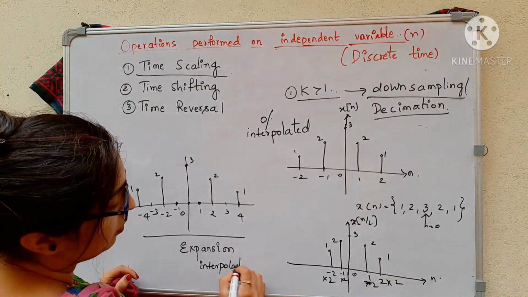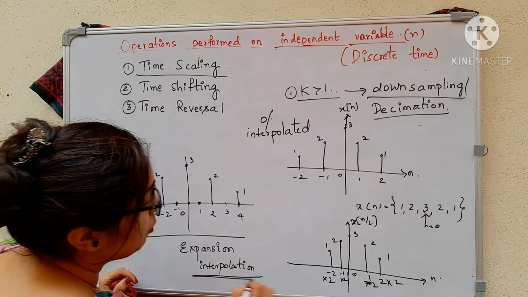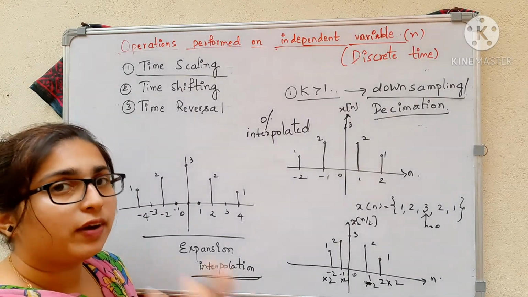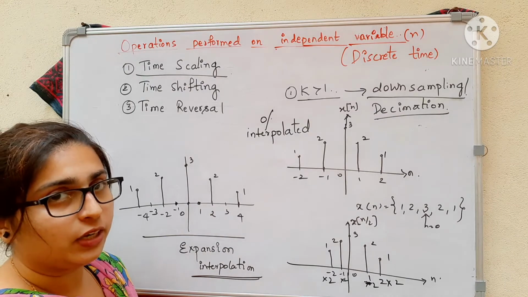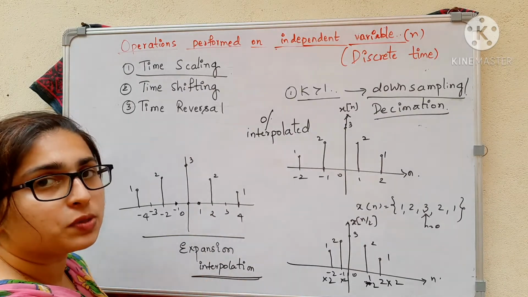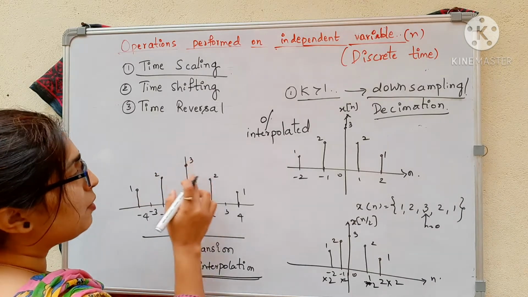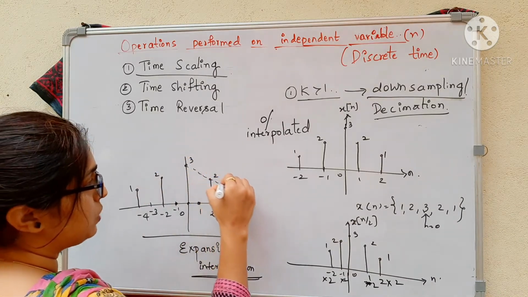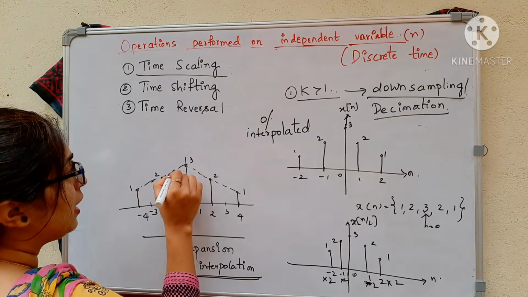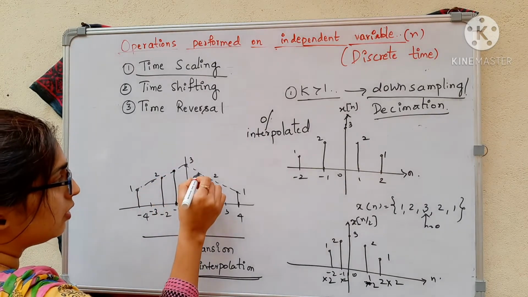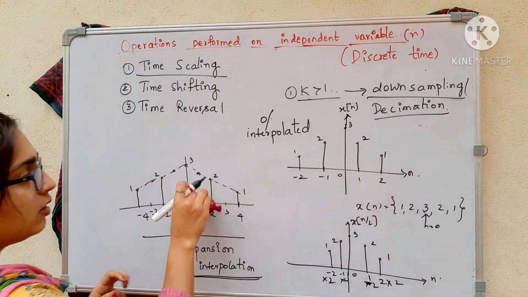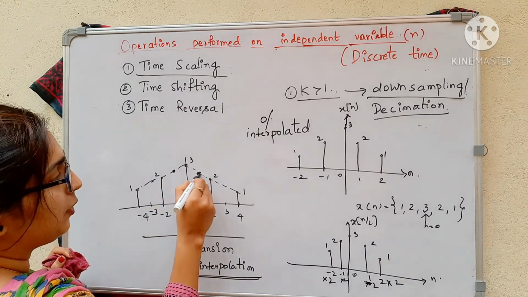Interpolation is used in geodetic applications, where one has to predict an unknown value. In such cases, they will be using interpolation. For example, if I consider this signal as piecewise, then at this particular value I will give this value here. That is, it is interpolated.